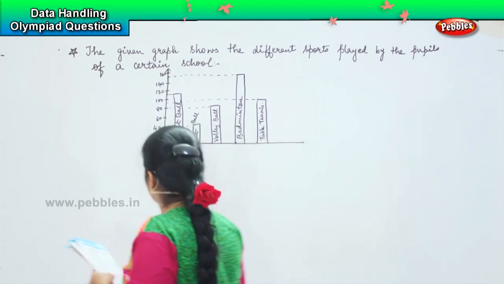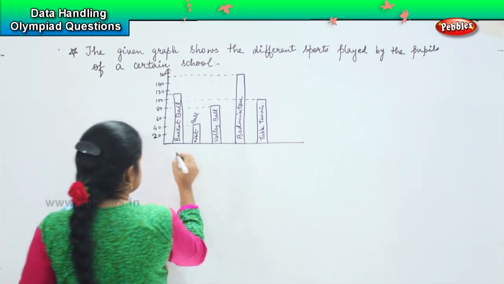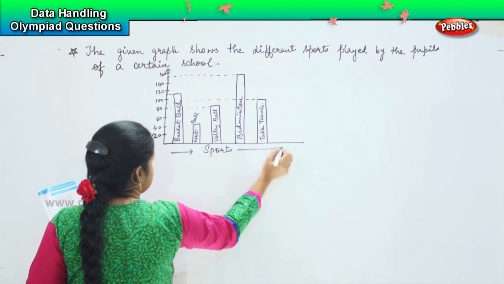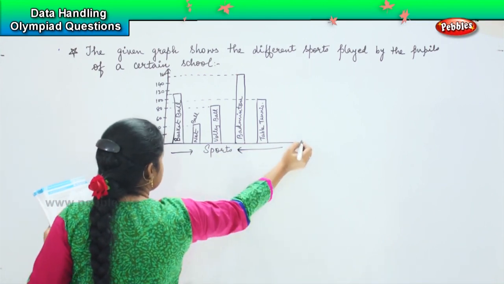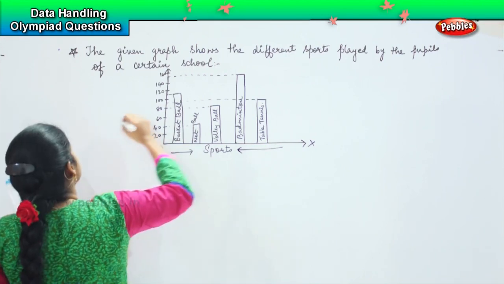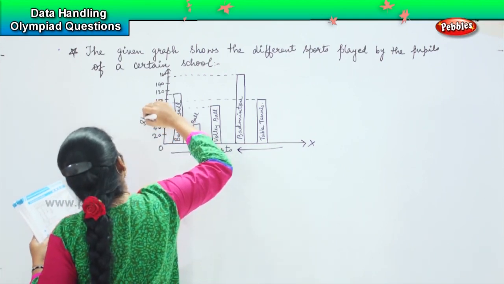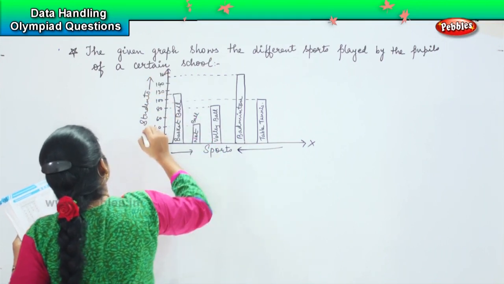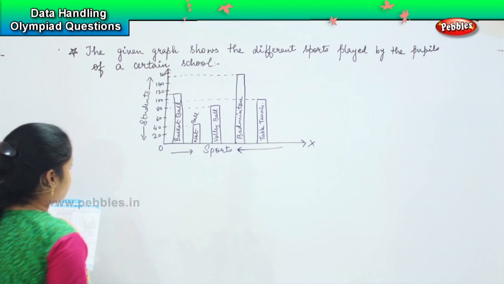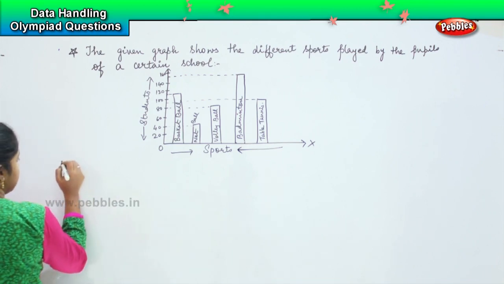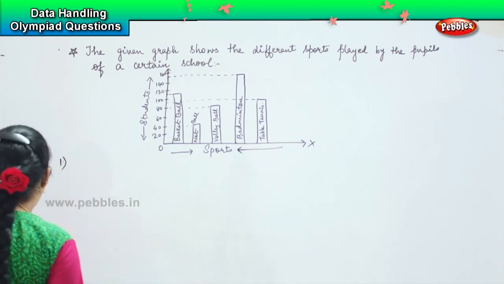Okay. Now this is the sports and this is called my x-axis and this is the students. So now this is the bar diagram that is given to us. Now based on this, you will be answering the questions.